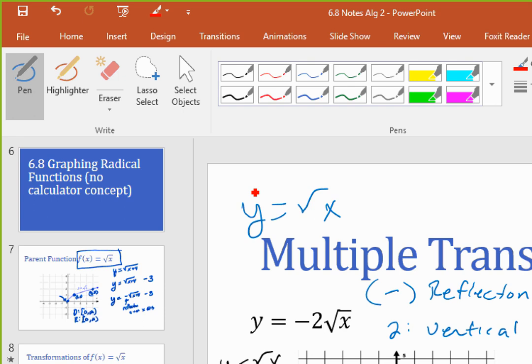This is not our final answer yet, because our final answer now is going to come from that reflection over the x-axis. So if we were to reflect over the x-axis, that's going to change all of our outputs now to negative. So this is still (0, 0), but it becomes (1, -2), and it becomes (4, -4).